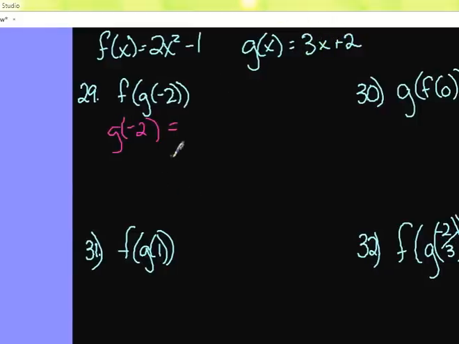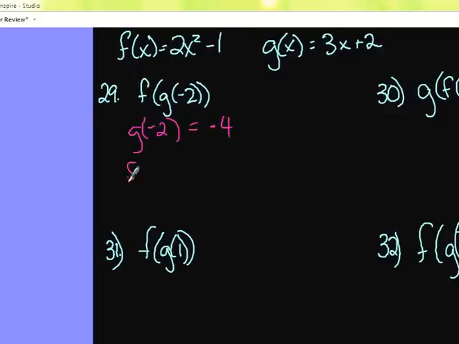Negative 6 plus 2 is negative 4. Now I'm going to take that output and put it into the f function. And when I square a negative 4, I'm going to get a 16 minus the 1, which is going to give me 31.